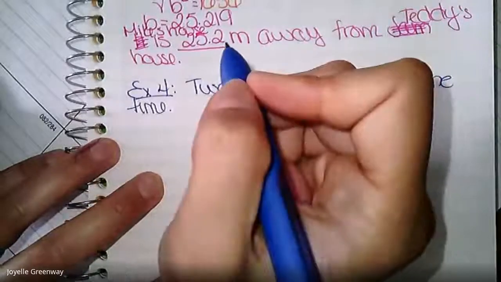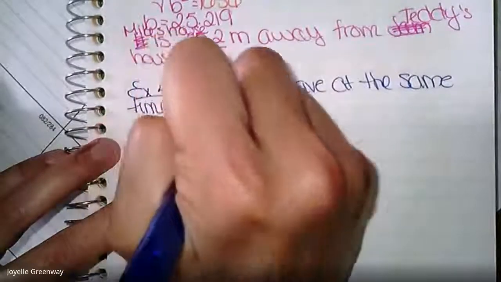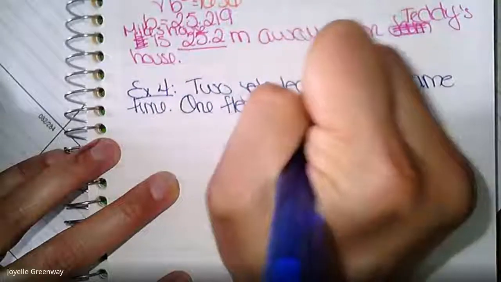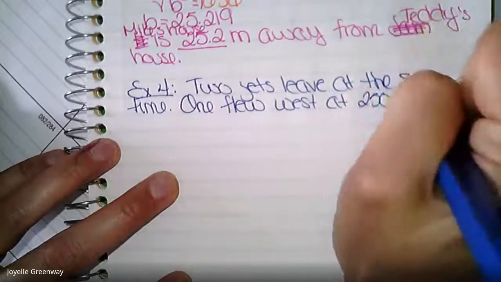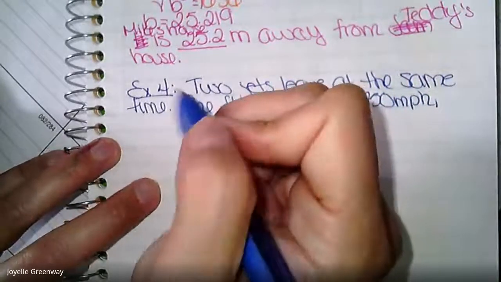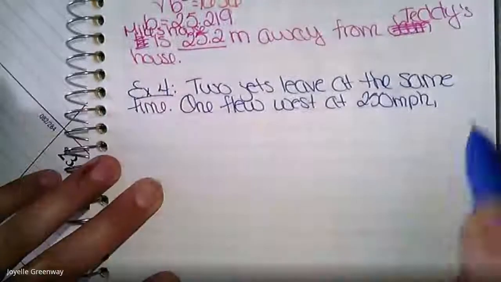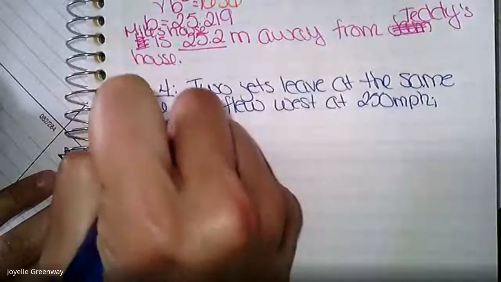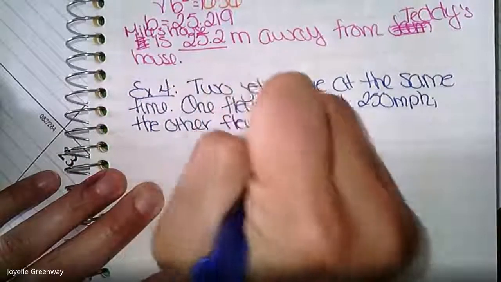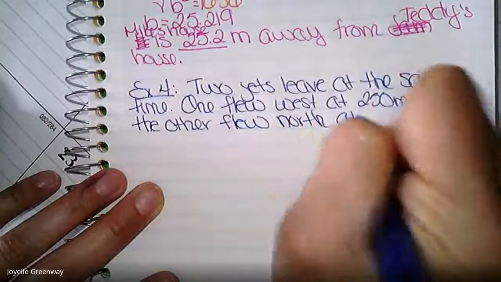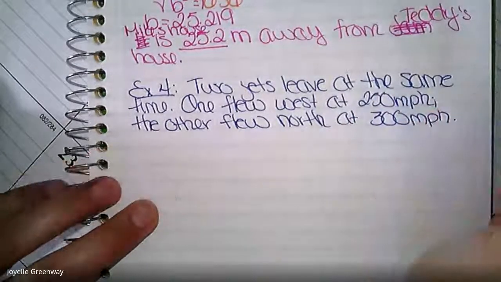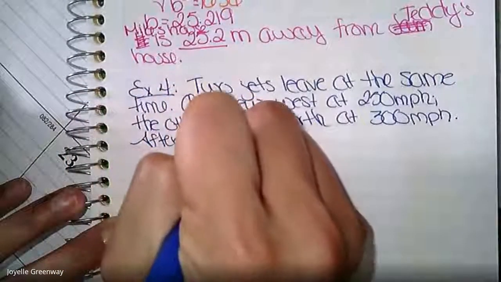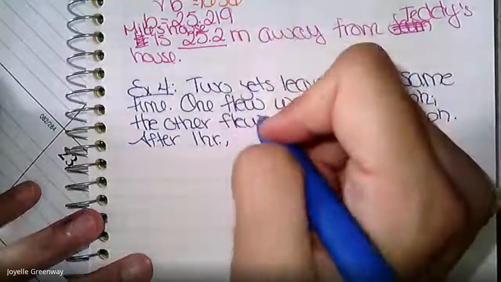One jet flew west at 250 miles per hour, and the other flew north at 300 miles per hour. After 1 hour, how far apart were the 2 jets?